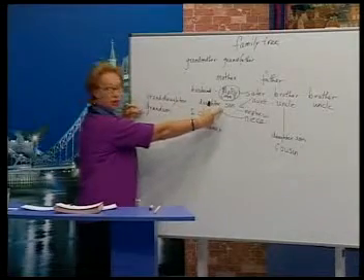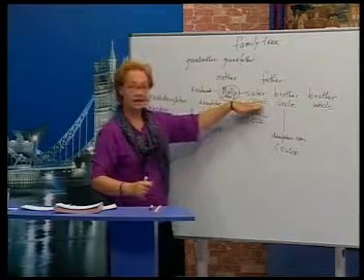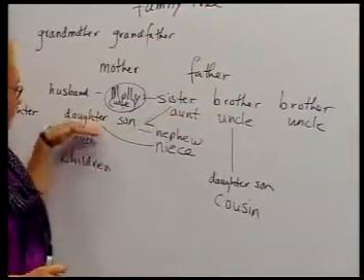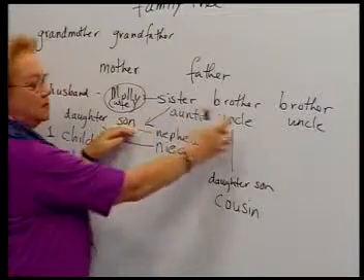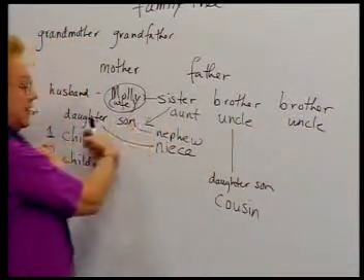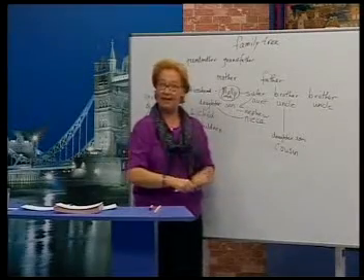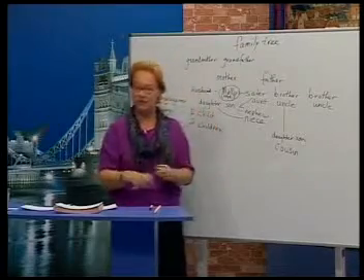Granddaughter, grandson. Now we have the aunt of the daughter and son. Aunt, uncle. Nephew, niece, and cousins. All right? This is my family tree.